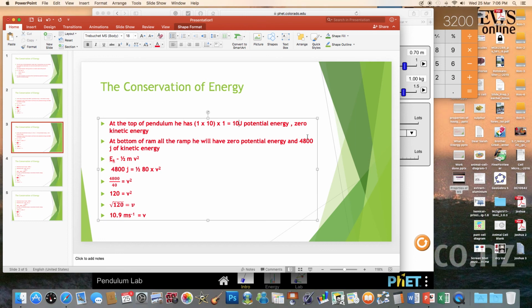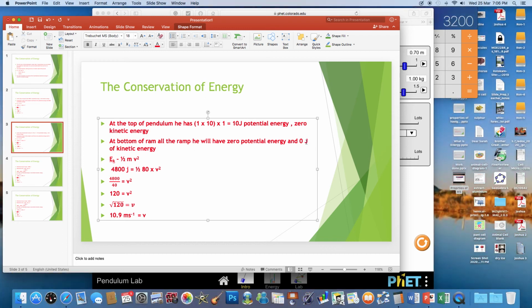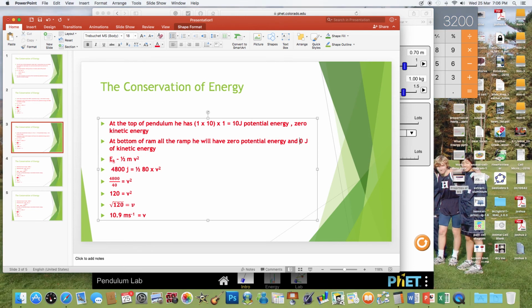At the bottom of the ramp, it's going to be the other way around. He's going to have 0 joules of potential energy, and he's going to have 10 joules of kinetic energy. So we can now change this to 10.